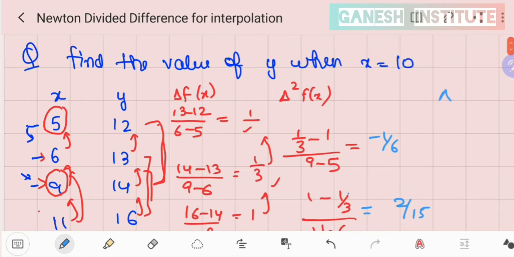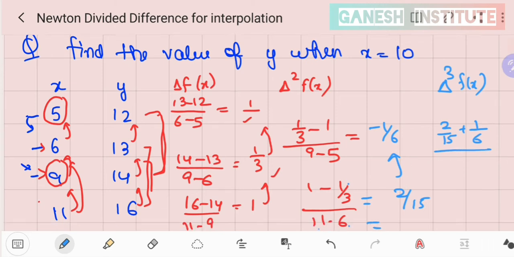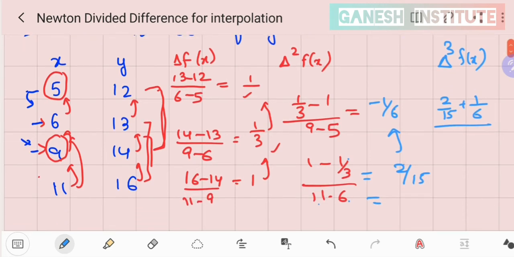Another operator. Now take these two values, 2 by 15 minus 1 by 6, which will be 1 by 6, right? And then divide by. Now if you see, these two values are covering all these values, so just take extreme values only, that means 11 and 5 for the denominator, difference of these two, okay?